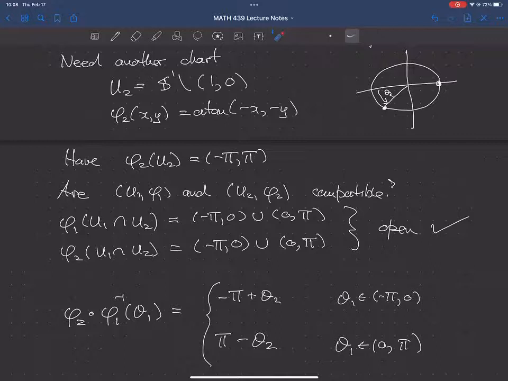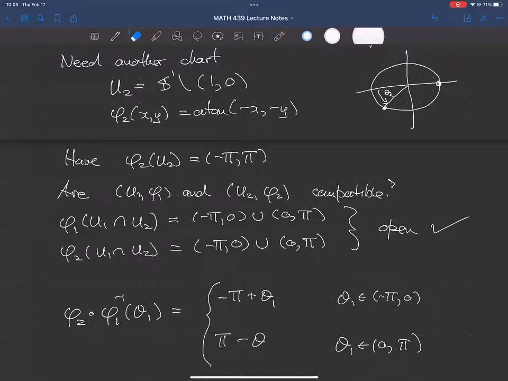And then when theta 1 is 0, theta 2 is, whoops. Oh, I'm sorry. Let me just make sure I have this right. I'm writing theta 2 as a function of theta 1. So here, sorry, I have this backwards. I wrote the other overlap map, sorry.